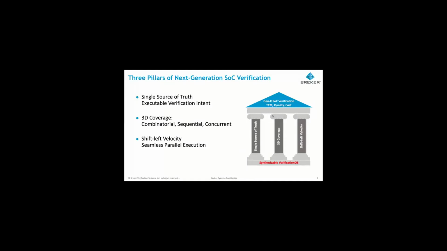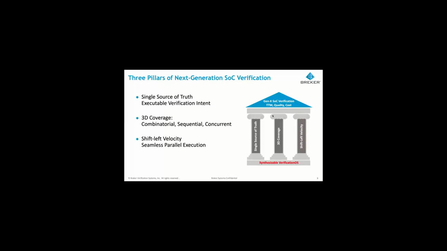So when it all boils down, what 3 or 4 major areas do we need to focus on to improve SoC verification? Well, the first thing we would look at is what we term a single source of truth. That is creating a high-level representative form of the test content from a specification level, and then generating all the different tests from this, the stimulus, the checks, and coverage models as well.